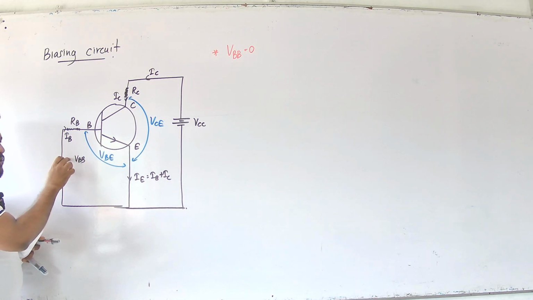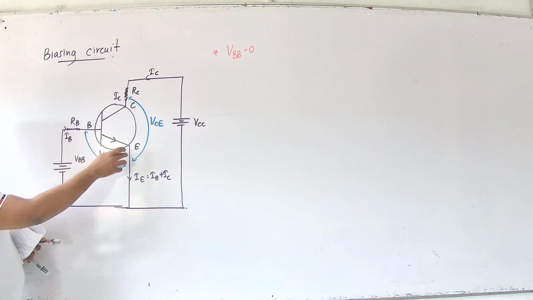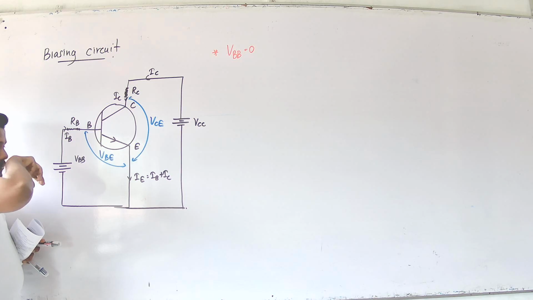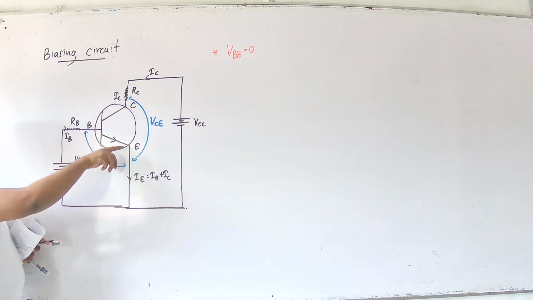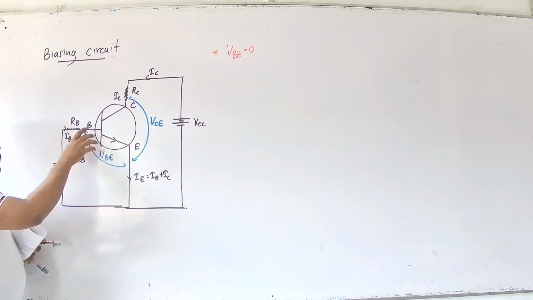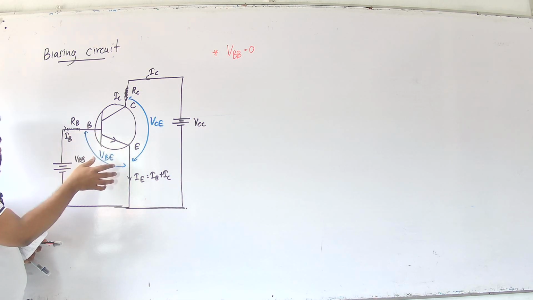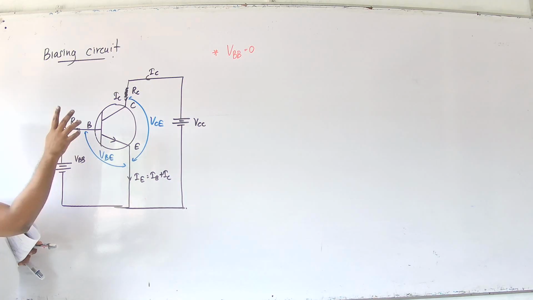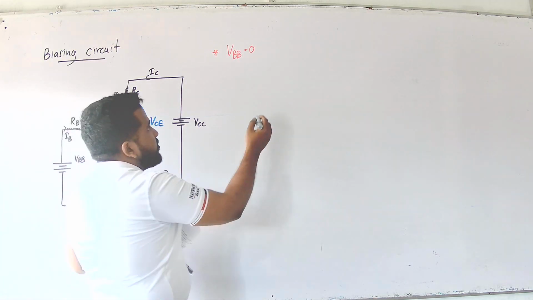So this is not biased in this junction. BE junction not biased, that means B and E not biased, therefore the PN junction is not working. There is no IB current. IB equals 0.